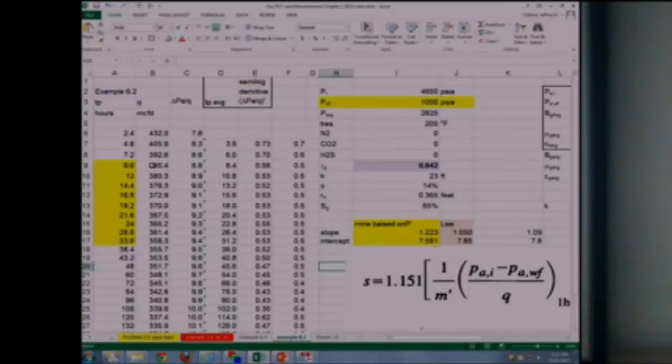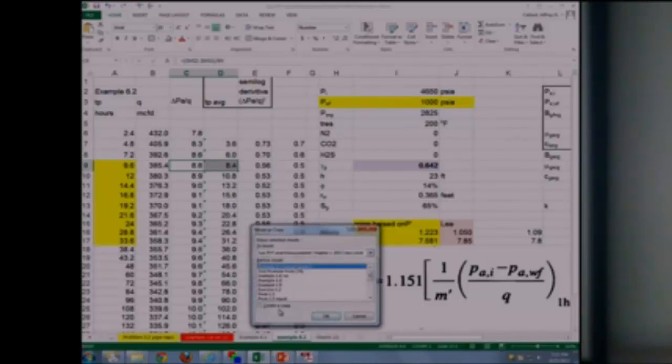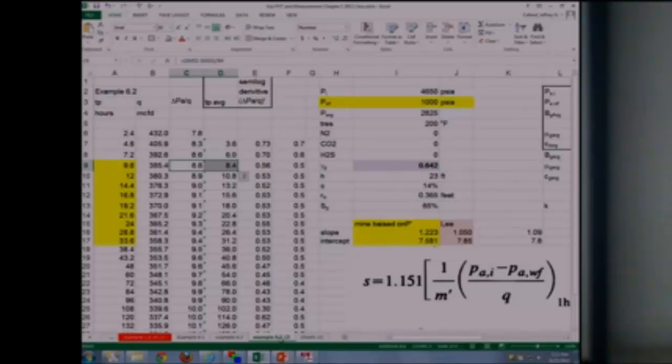I'm going to start with our data. You know what, I'm going to keep all this, I'm going to move a copy and put it right next to it, because I want to do it different. This is 6.2.2. This is the way I'm going to redo it.